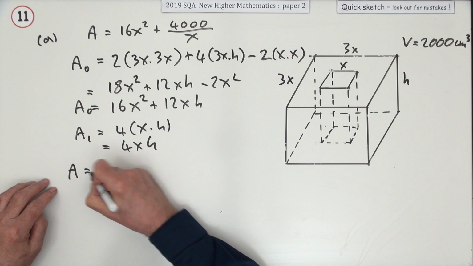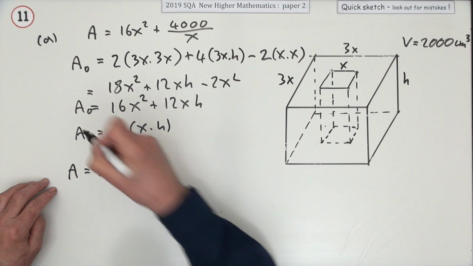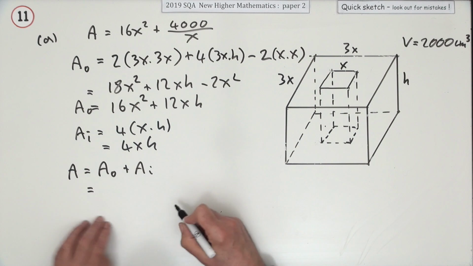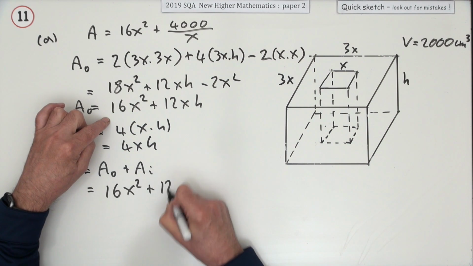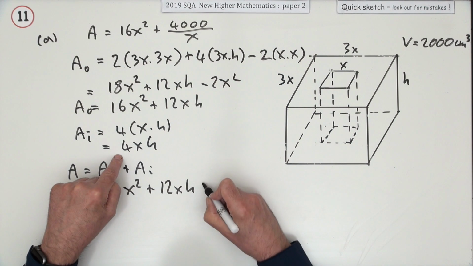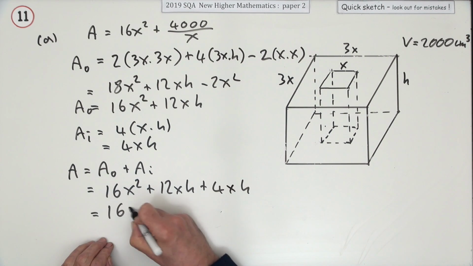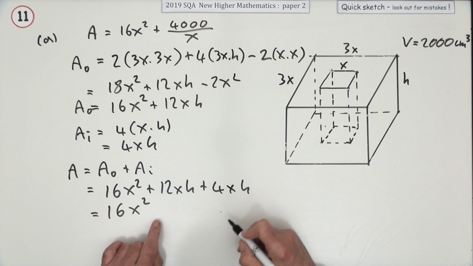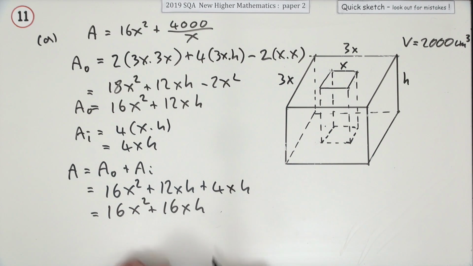That means then that the total area is going to be the outside plus the inside, which is 16x squared plus 12xh plus another 4xh. So that's going to be, this is getting a bit much for 3 marks, plus another 16xh.